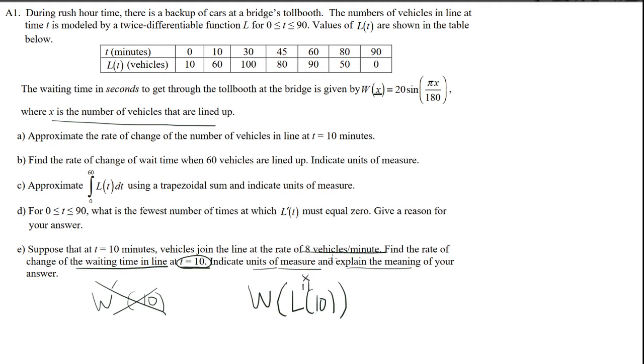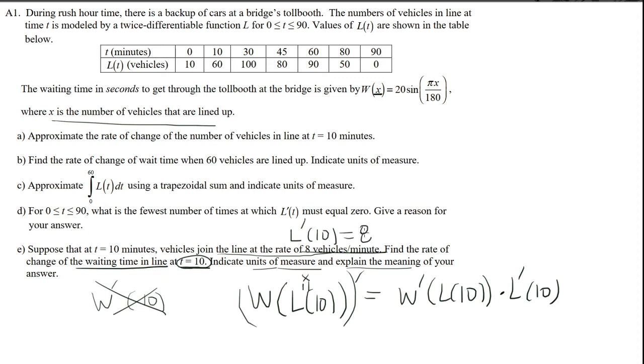The units match up. So we want to find the derivative of this thing, which is the same thing as, using the chain rule, this. Now, the vehicles join the line at the rate of 8 vehicles per minute. So that's going to be my L prime of 10. So that's going to be 8. L of 10, well, I go over here.